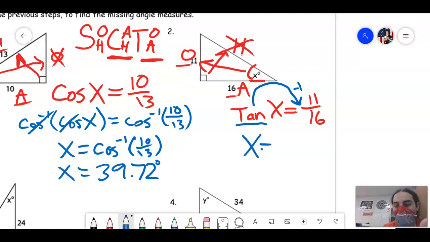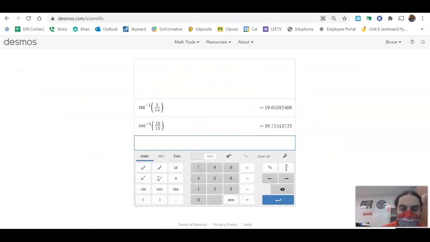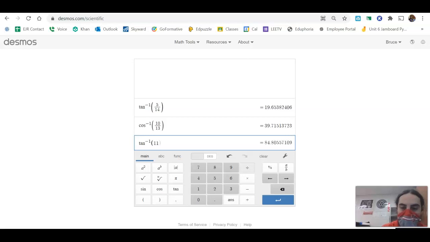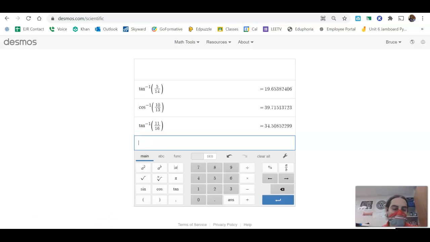So X equals tan inverse 11 over 16. Don't forget the inverse, it won't be the same answer. Okay, so tan inverse 11 over 16. So tan inverse, back to main, 11 over 16. And I get 34.51 when I round.